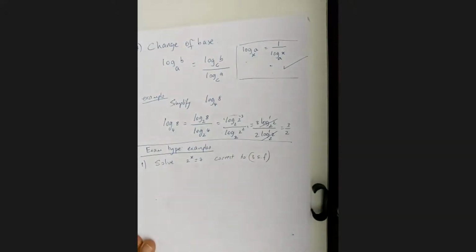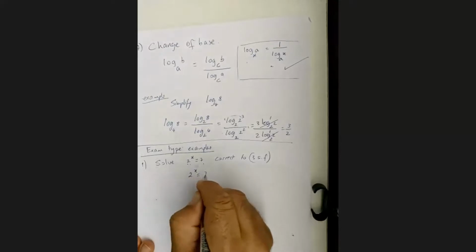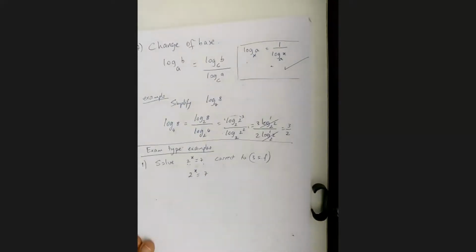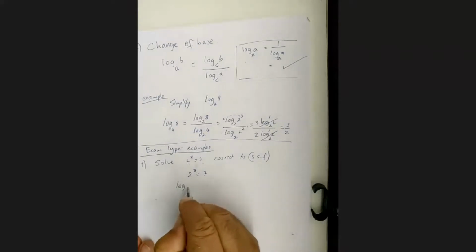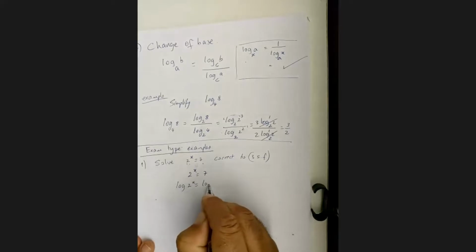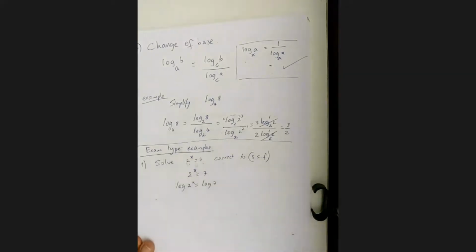From now on, if the unknown is at the power, we are going to take logarithms to base 10 for both sides. This is very important and this is a very strict rule. Take logarithms of both sides to base 10. And again, for base 10, you don't need to write the bases.